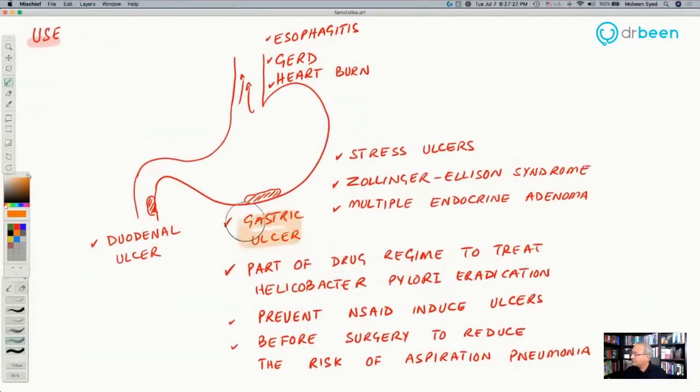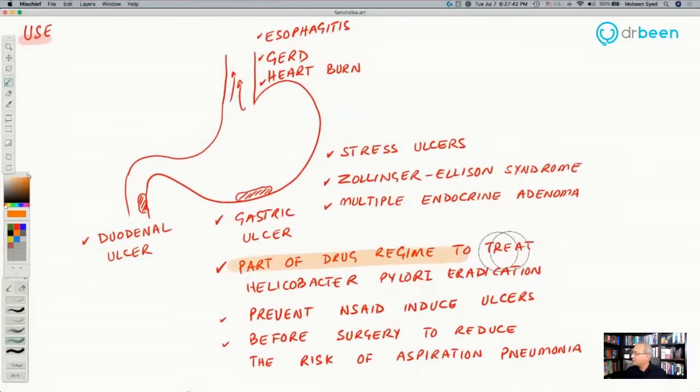Gastric ulcers, although I think I've placed them in the wrong place, they usually are more frequent here. But anyways, gastric ulcers are, of course, a very important target of this drug. Duodenal ulcers are another important target, as part of the drug regimen to help eradicate Helicobacter pylori. Helicobacter pylori has been incriminated and seen to cause gastric ulcers as well.